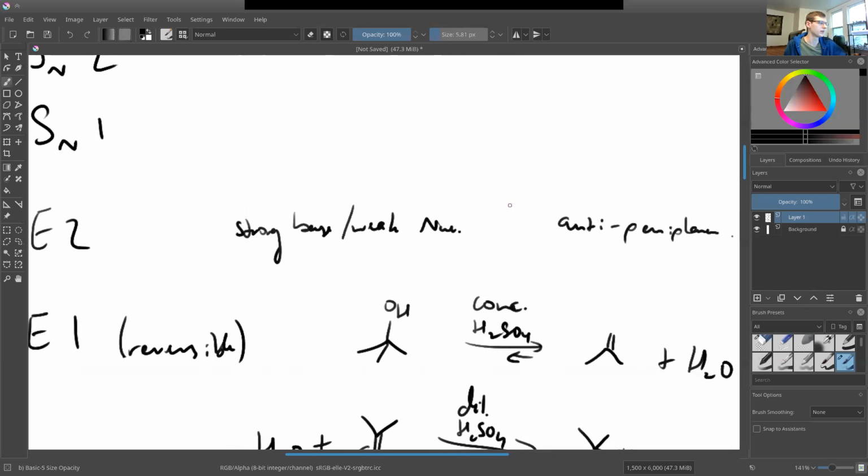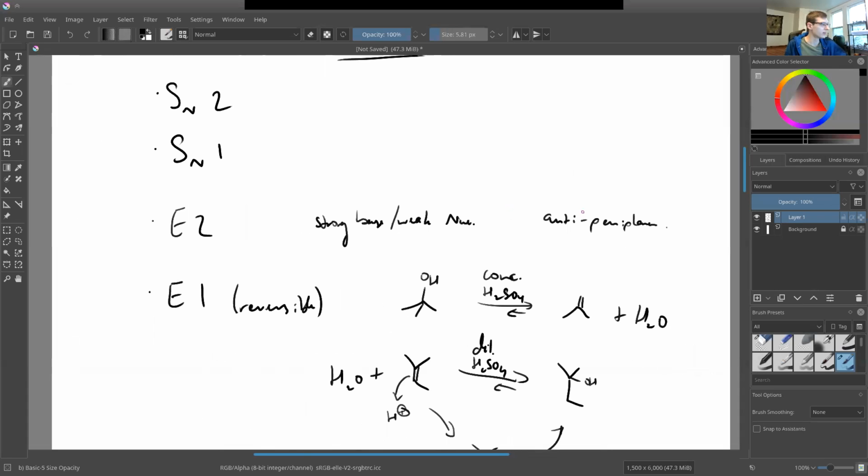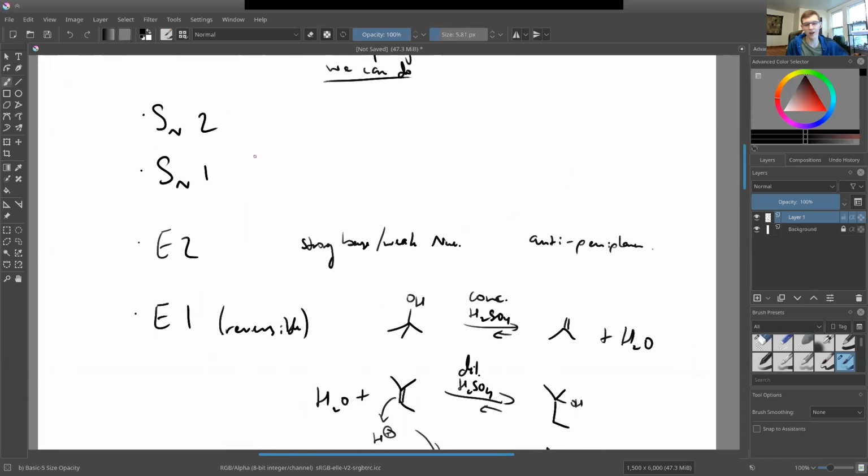And then SN2 and SN1, we can fill in the details of that if you want, but we've gotten a lot of exposure to these. We could say stuff about solvent, whether we need strong or weak nucleophiles.